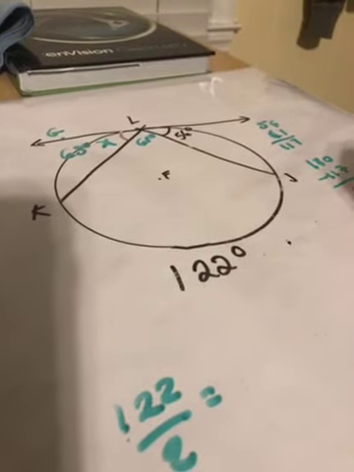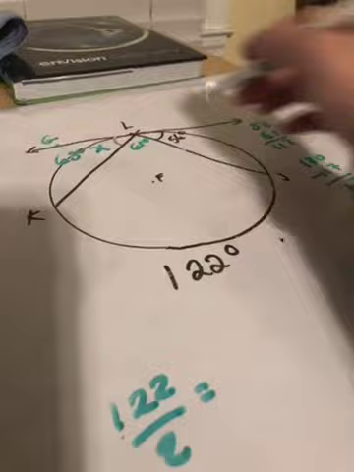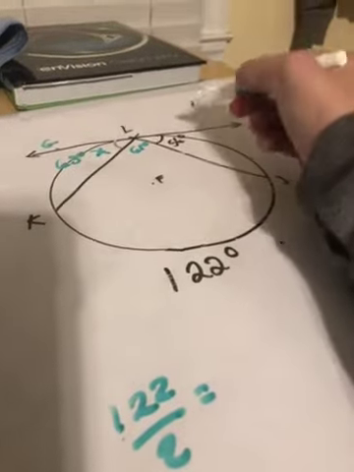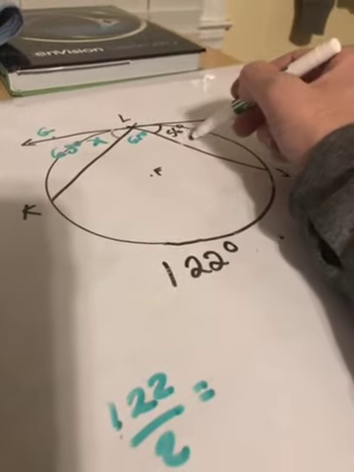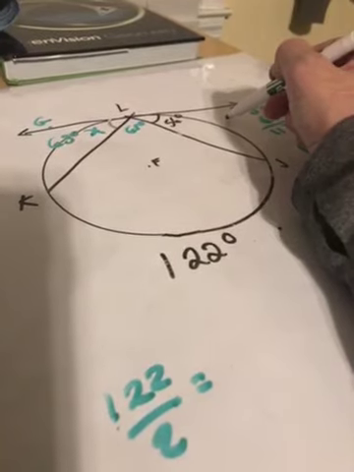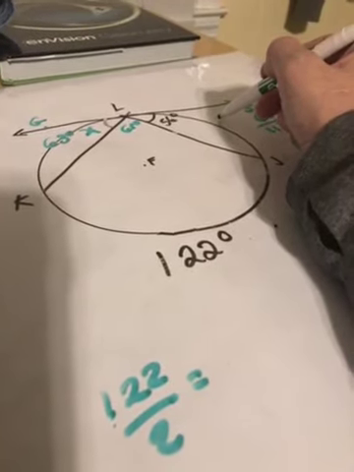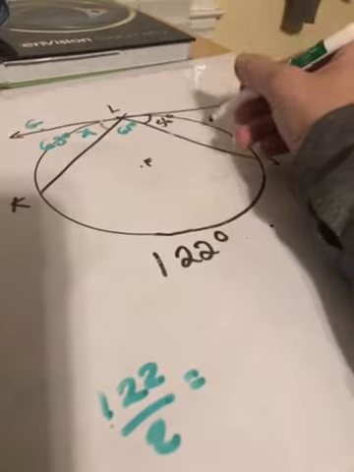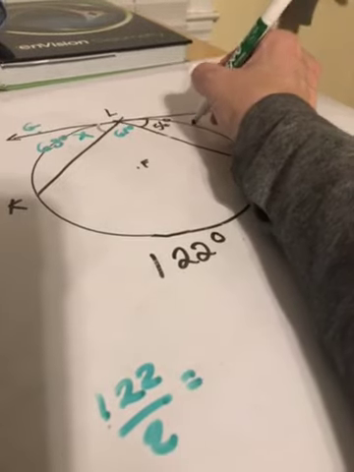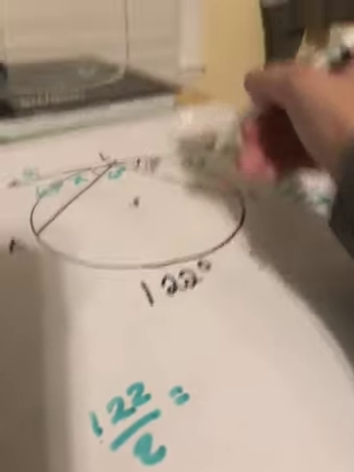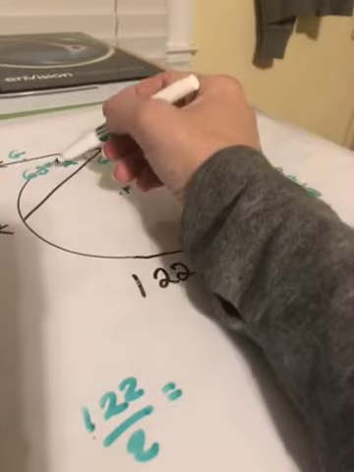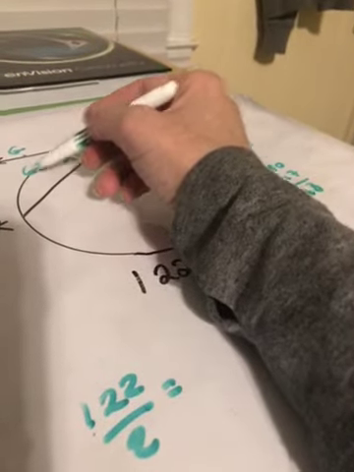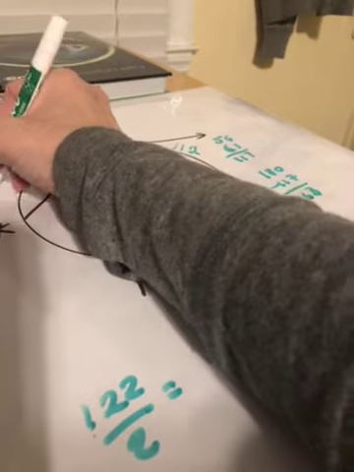Okay, the arc distance from L to J. Okay, this is inscribed, so you're going to double 56 to get this arc degree. So 56 doubled, it's 112. And then if I double 63, I'm going to have 126.